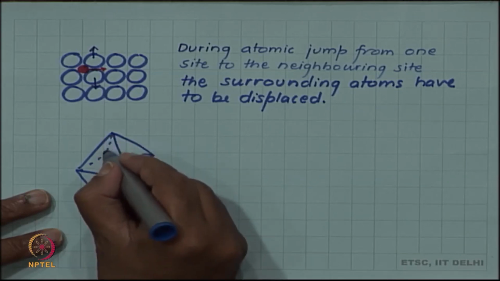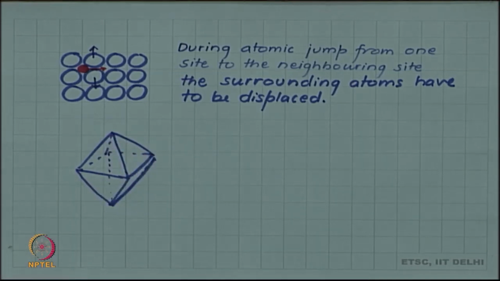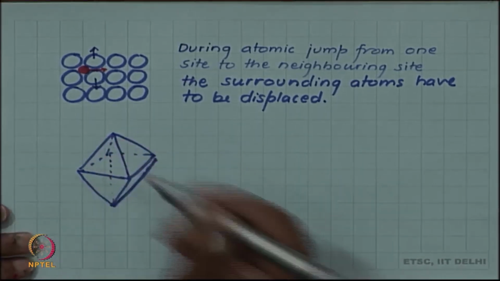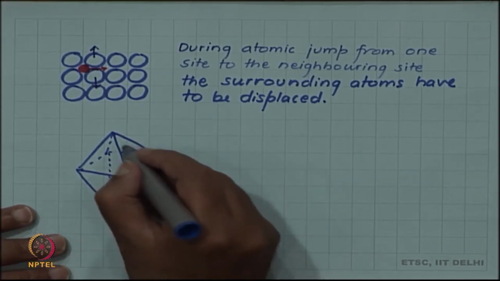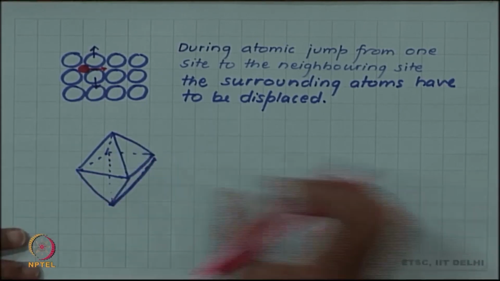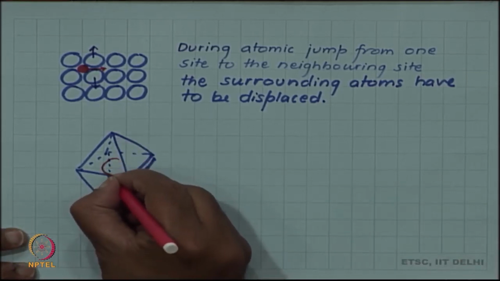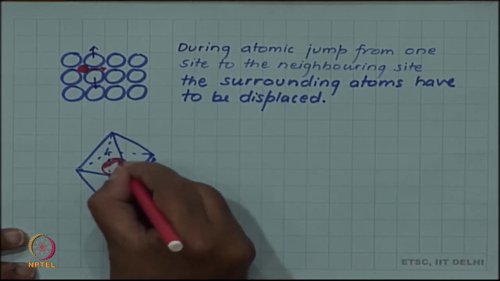It is made up of 8 triangular faces like this, and there are 6 atoms sitting at the 6 corners. Now, the void is in the center and there is an atom sitting there.